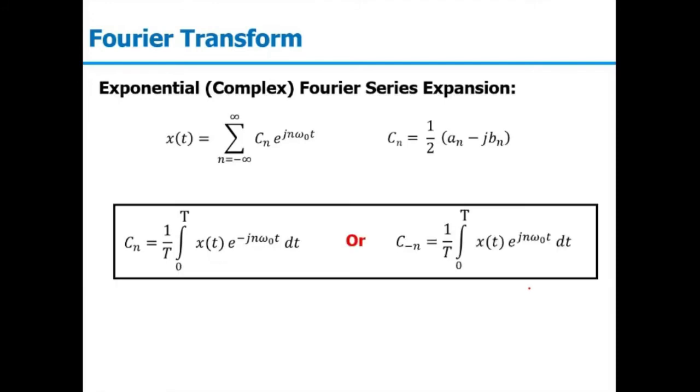Same as for C of minus n. Now first consider a rect function, a rectangular function, and see what x of t is, how to represent the given rectangular function in terms of complex Fourier series, and then we will see what else can be done.